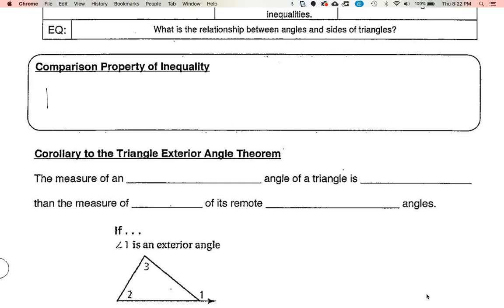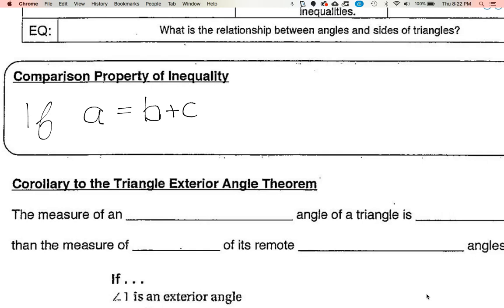So if A equals B with a little help of plus C, so two things are getting added together to equal A. And if that thing that's added to B is positive, so it's not zero, it's not negative, it's actually going to add on to B. It's going to make B bigger.